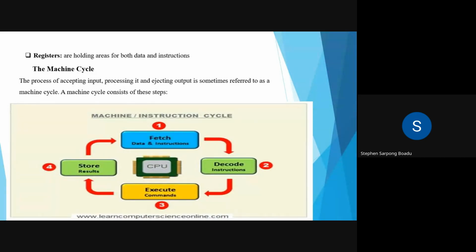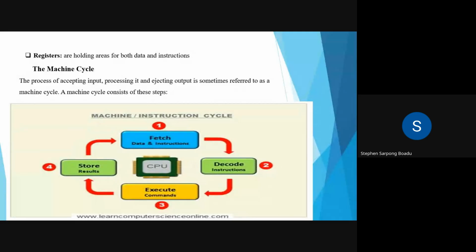When the CPU is working on something, it keeps the data and the instructions in the registers temporarily, so that when it needs them, it can immediately have access to them and use them.